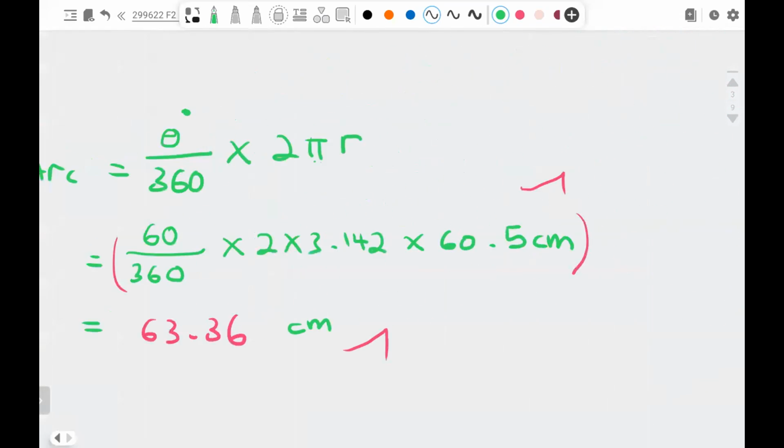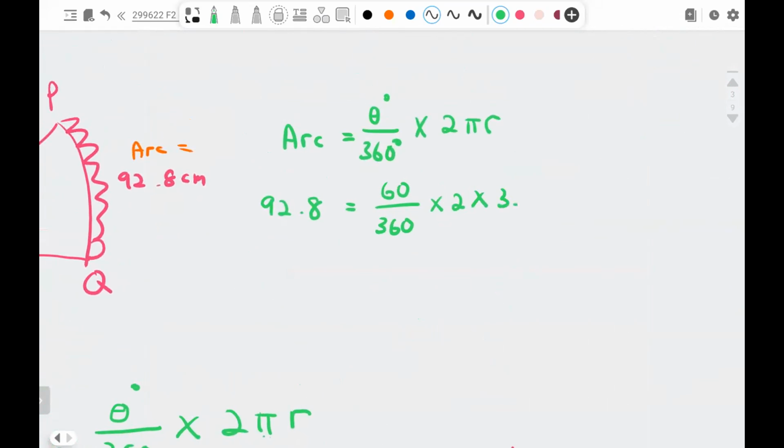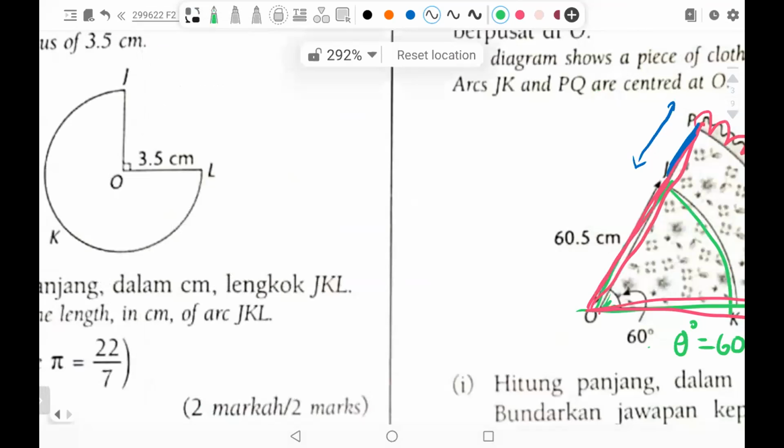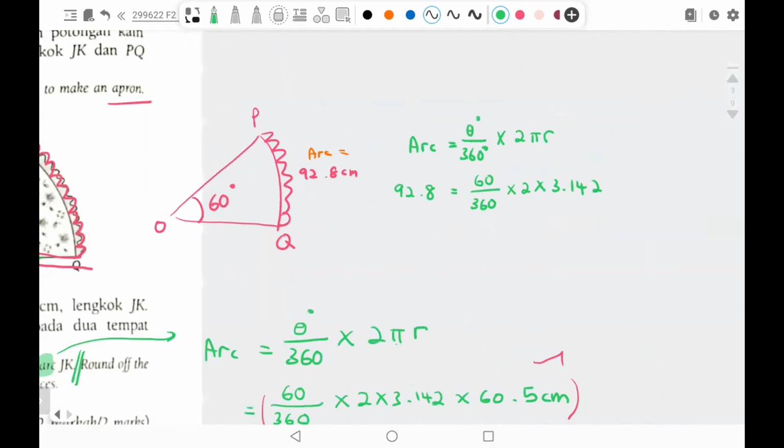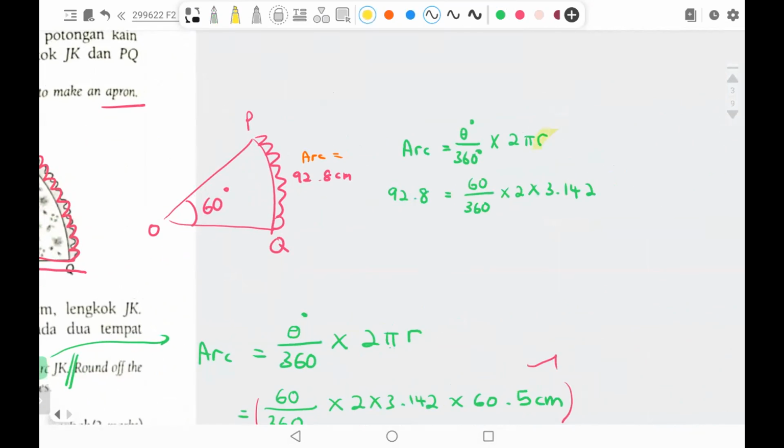Substitute. Then we don't have the radius here, so if we don't have it, we just write it back. Copy and paste.